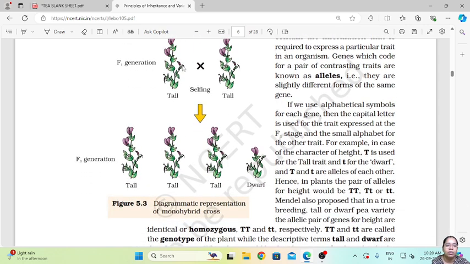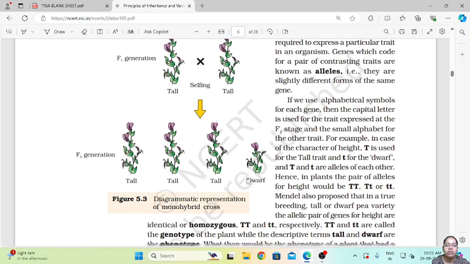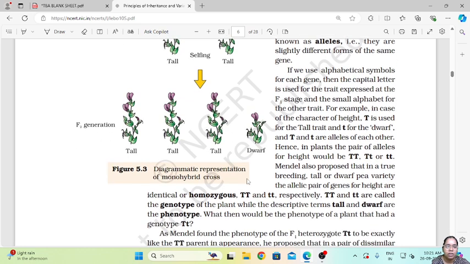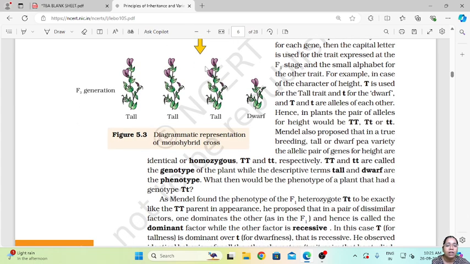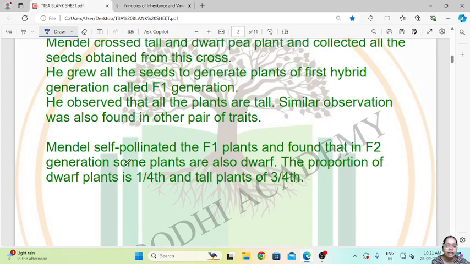Again he did selfing of the F1 generation and got the F2 generation, wherein 3 were tall and 1 was dwarf. This was called a monohybrid cross. He proposed that the ratio of the plants was 3:1, that is, 3 tall and 1 dwarf.